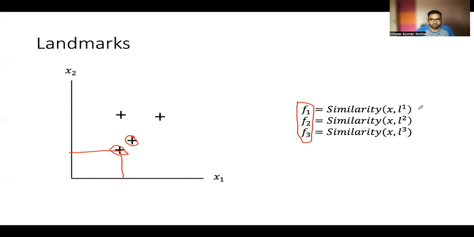I'll explain again how we calculate that. What we are measuring is the vector distance between this point and x1, between this point and x2. So we are calculating the vector distance.